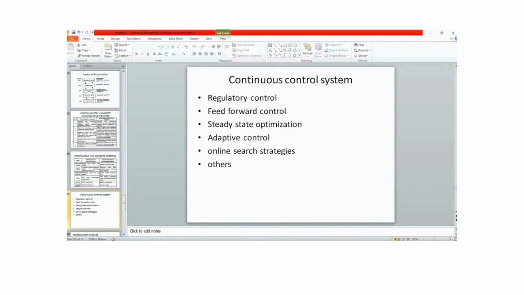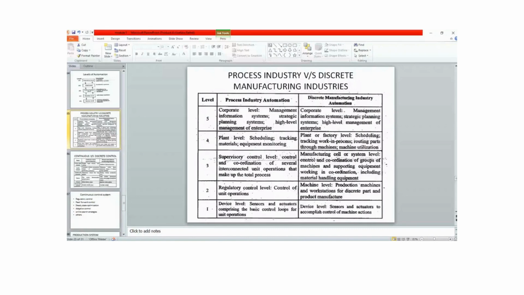That will be carried out in the supervisory control system. In the manufacturing cell or system level, he is going to collect information regarding the material, the labor, and the machine, for carrying out the process without any disturbance.